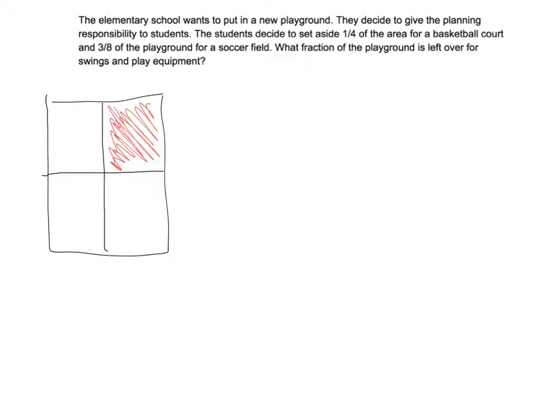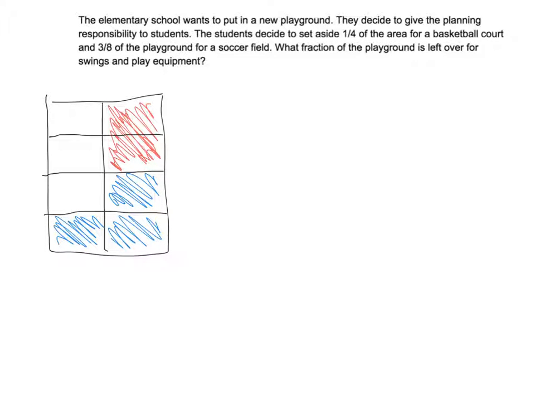Let's say this quarter here is our basketball court. Now we also said that 3/8 of the playground is for a soccer field. So now let's take that same area and split it into eighths and identify 3/8 to be our soccer field.